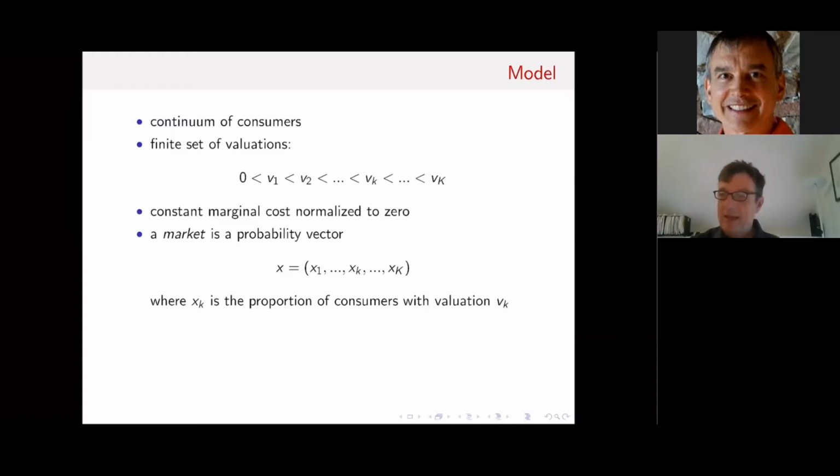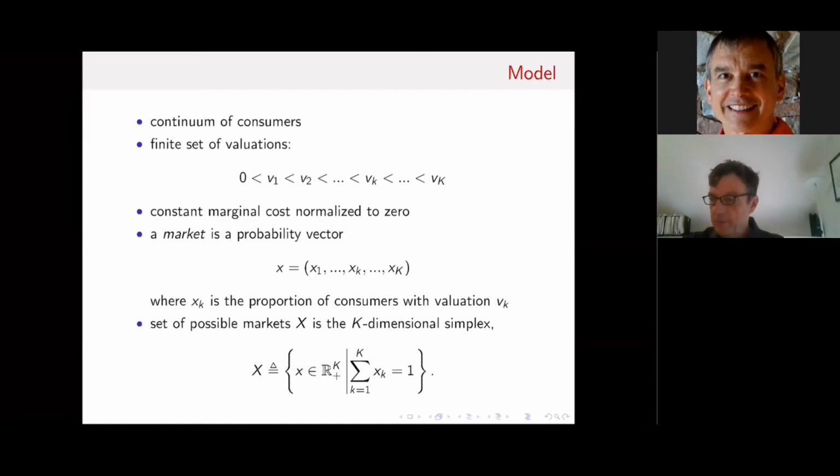So X is the market that characterizes the market. It is a vector that gives us the proportion of consumers with any specific valuations. Okay. So here it is helpful to think about just a finite set of valuations, because we basically have a finite dimensional representation of what the market is. Okay.